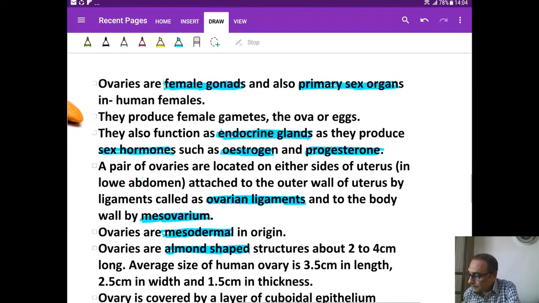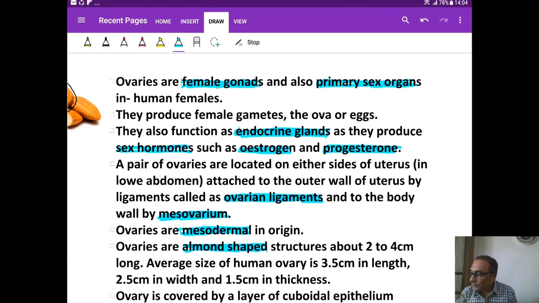Now let us take up the size of the ovary. Usually we know that it is 2 to 4 centimeter long, but if you take an average size of the human ovary, that will be about 3.5 centimeter in length, then 2.5 centimeter in width, and 1.5 centimeter in thickness.